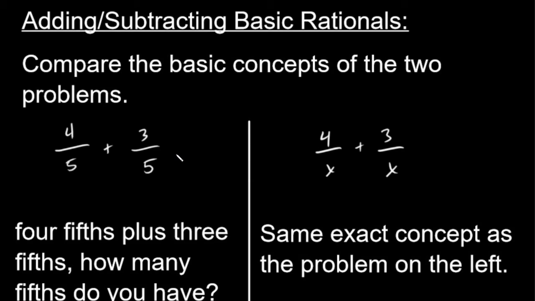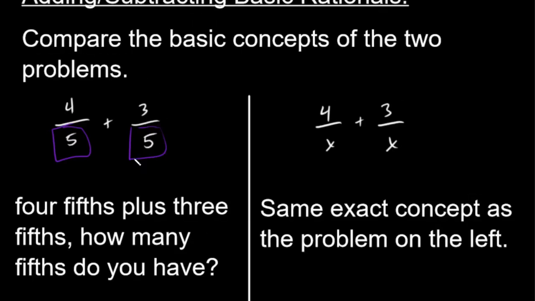So the concept at play here is that if you have the same thing in the denominator, you add these fractions in a particular way. The idea is that if you have 4/5 plus 3/5, how many fifths do you have? It's like if you have 4 apples and 3 apples, how many apples do you have?